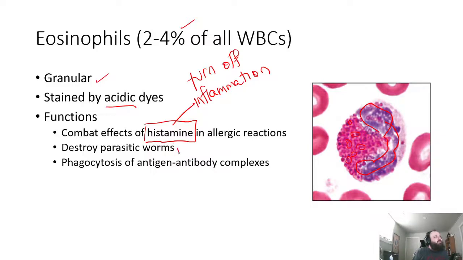Although this doesn't influence us much here in Canada, eosinophils actually have a secondary function in terms of attacking parasitic worms that are trying to establish a parasitic relationship in our body. And eosinophils can carry out phagocytosis of antigen-antibody complexes. So this happens a little bit later.